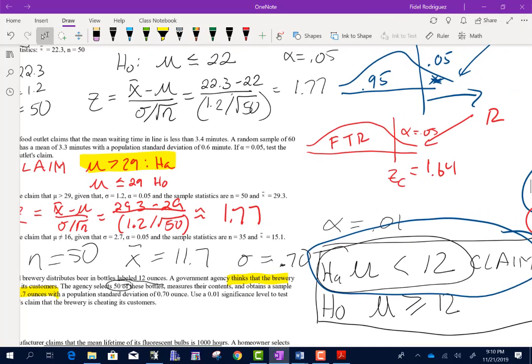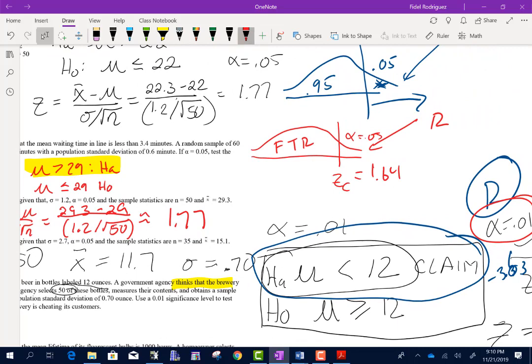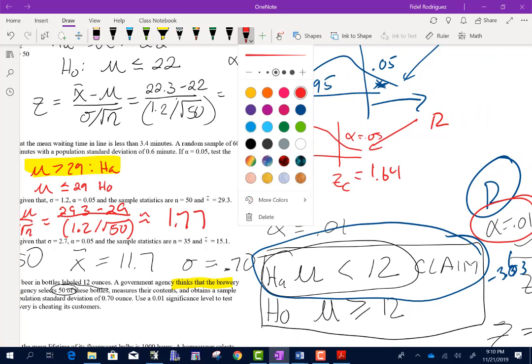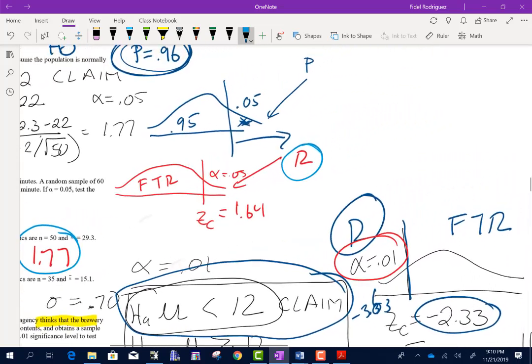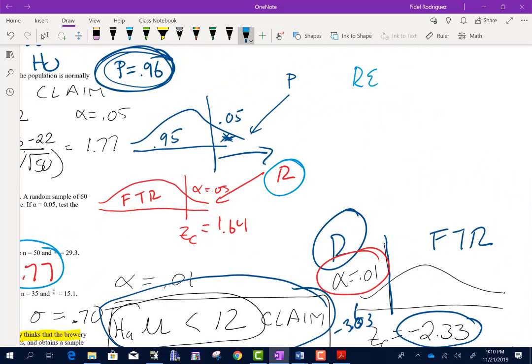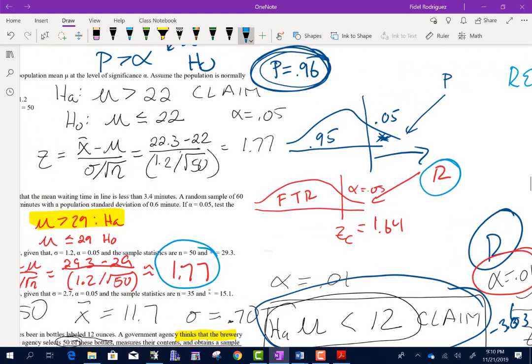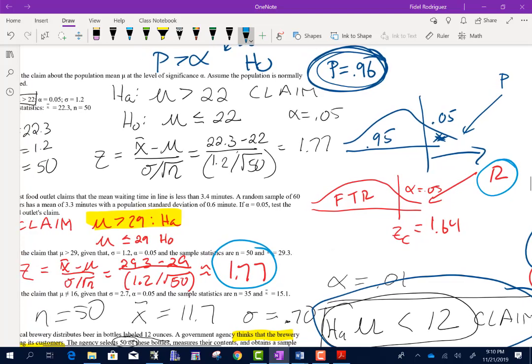Okay. So guys, think about that number, 1.77. Would 1.77 fall in the fail to reject or in the rejection region? It would fall in the rejection region, right? So aren't we going to say now that we're going to reject the null? It's always either fail to reject or reject, and it's always the H0, guys. And then we have to go back and say, okay, what was the claim here? The claim was actually our H what?